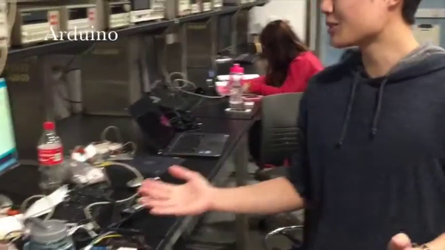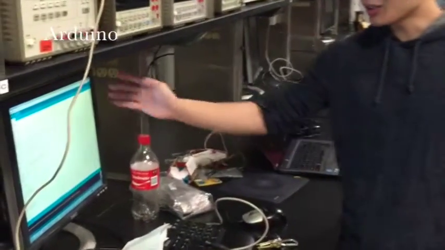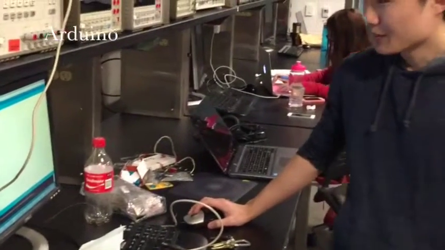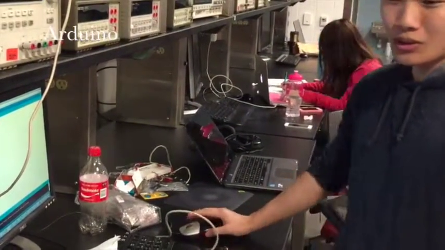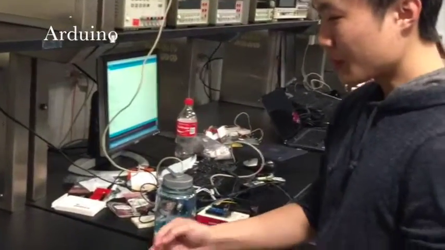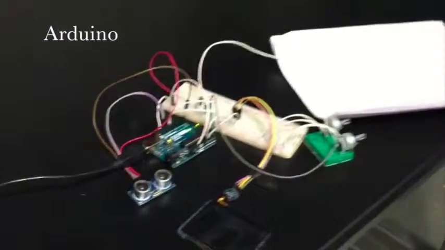Now I would like to talk a little bit about how our Arduino code runs. The Arduino is used to gather a variety of sensor data, and it is not used to process any sound information.